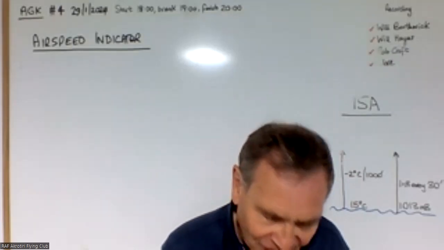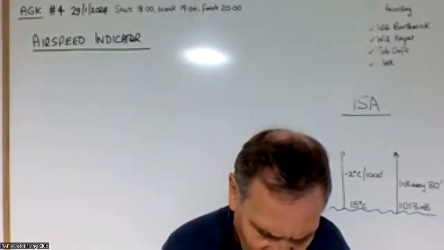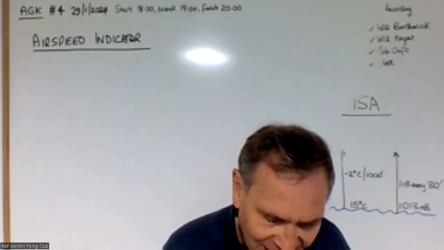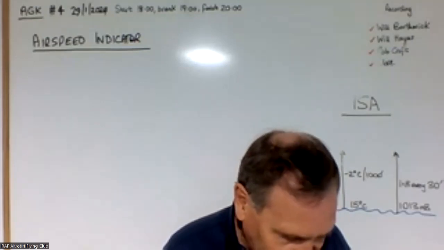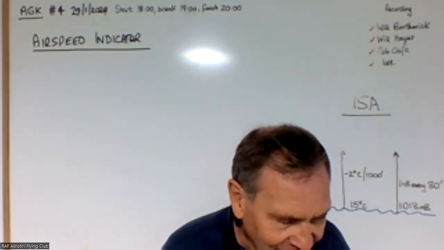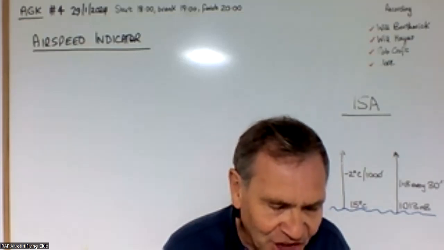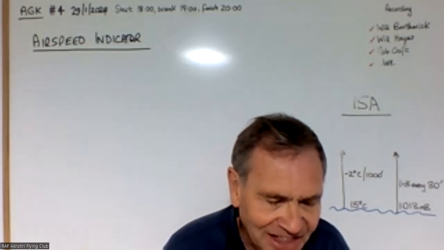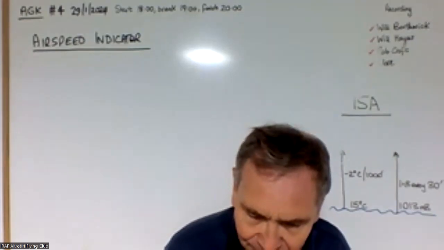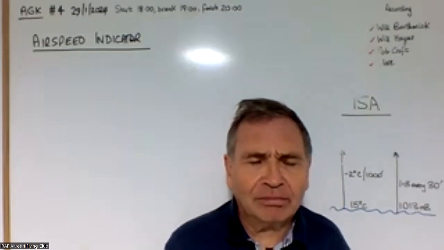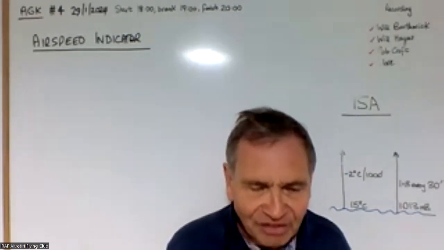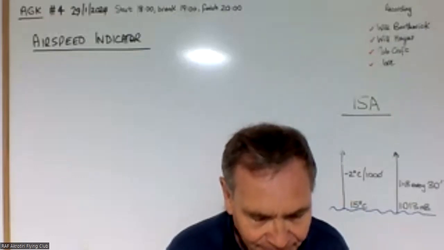So as the pressure difference between them gets more, the airspeed's going to increase. The dynamic pressure is always going to be much greater than the static pressure, because that's what airspeed is. So let's say we're flying along and everything's working fine, so we've got a nice airspeed.